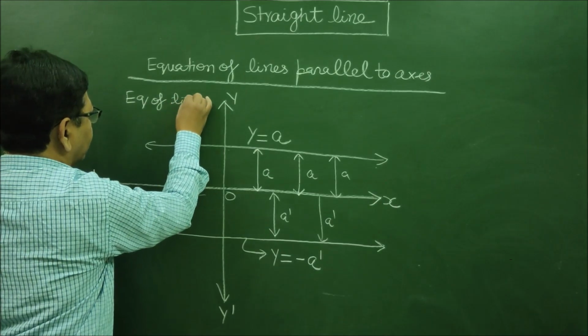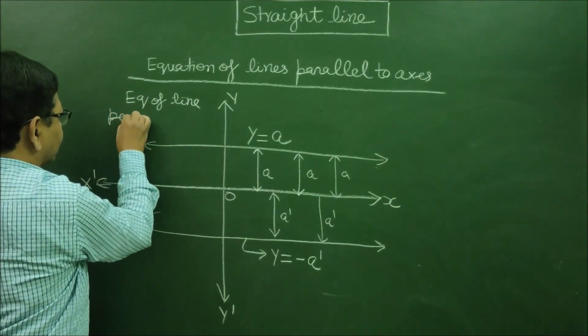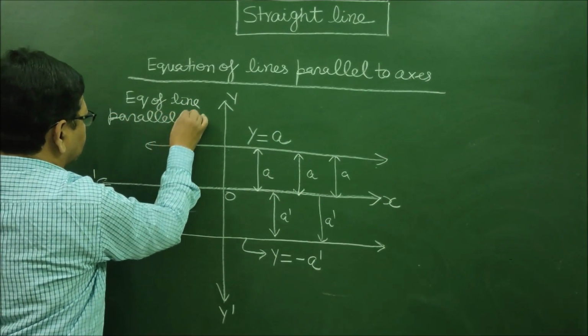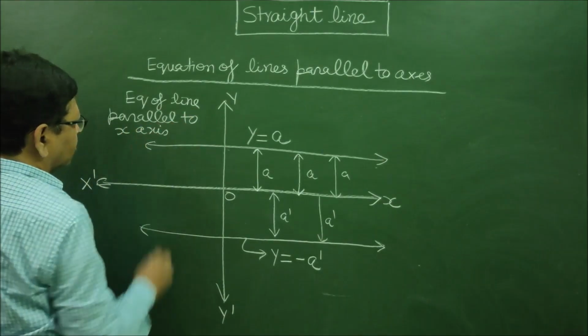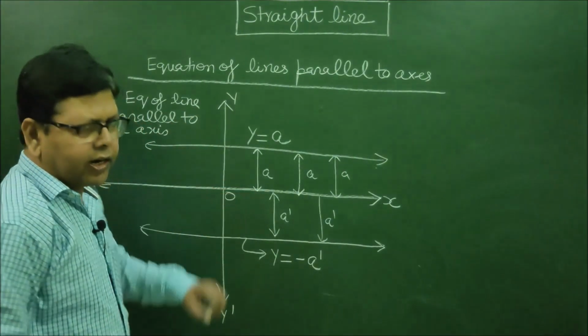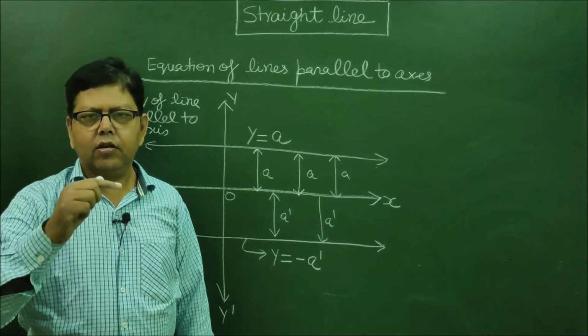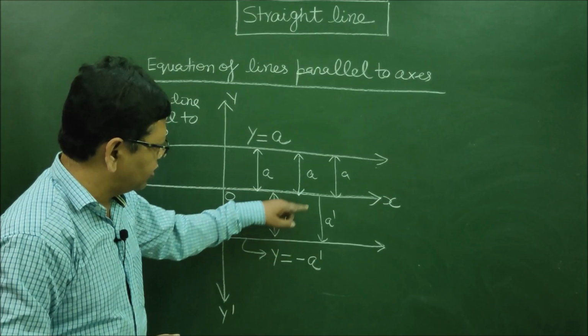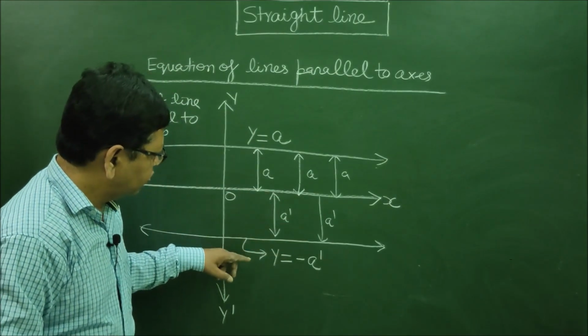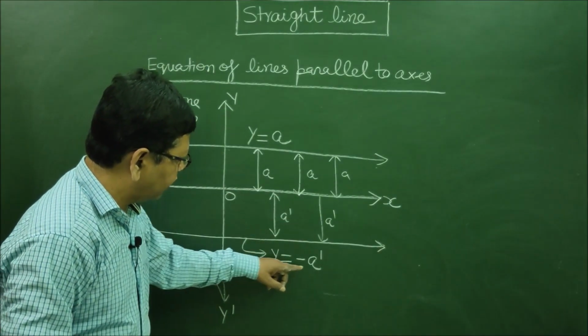Equation of line parallel to x-axis. If it is at a distance a dash on the negative side, then because y distance is always a dash but it is negative, the equation of the line is y is equal to minus a dash.